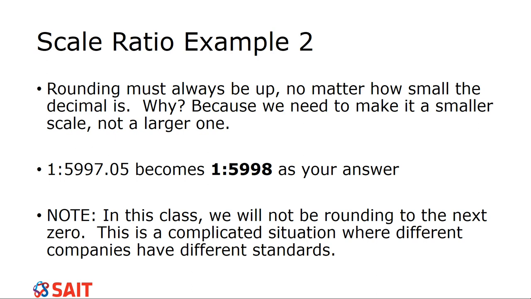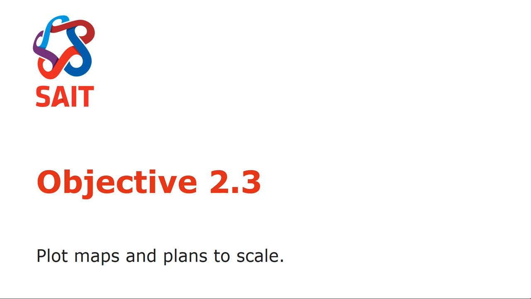It's a very complicated situation, and different companies have different standards. So I just want you to get into the habit of rounding up to the 1, not to the zeros. That's a very important note in this case. But you always round up, because if you don't round up, then it's an incorrect answer.